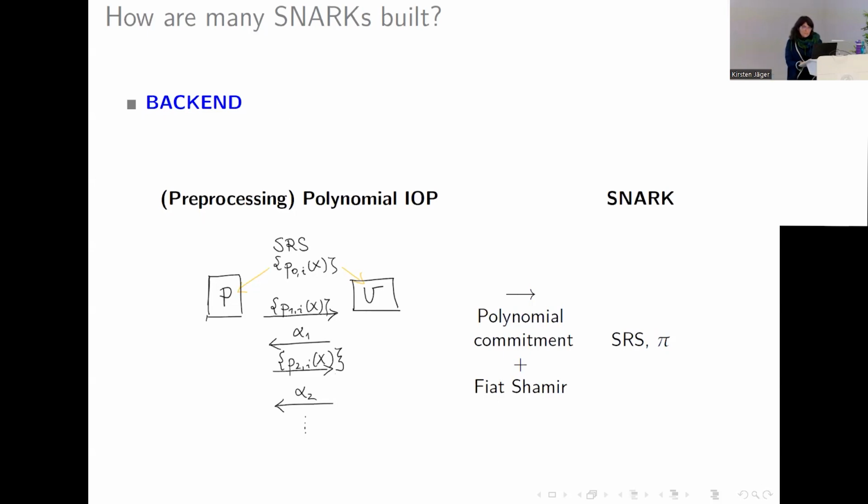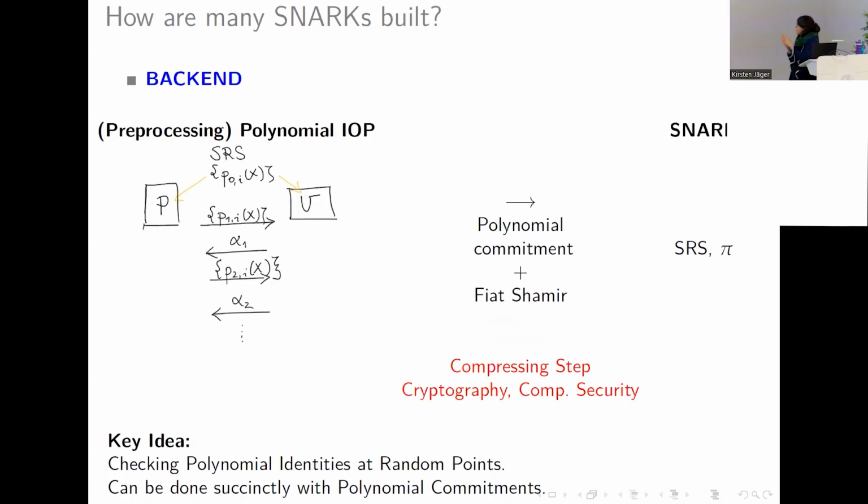Now the key point, what you really need here is a polynomial commitment. Which means that when you commit to these polynomials, you should be able to later, even though the polynomials are in committed form, open these polynomials at specific random points. Why? Because the key idea, and this is how we achieve succinctness, is that we are not really checking polynomial identities, but we are checking polynomial identities at random points.